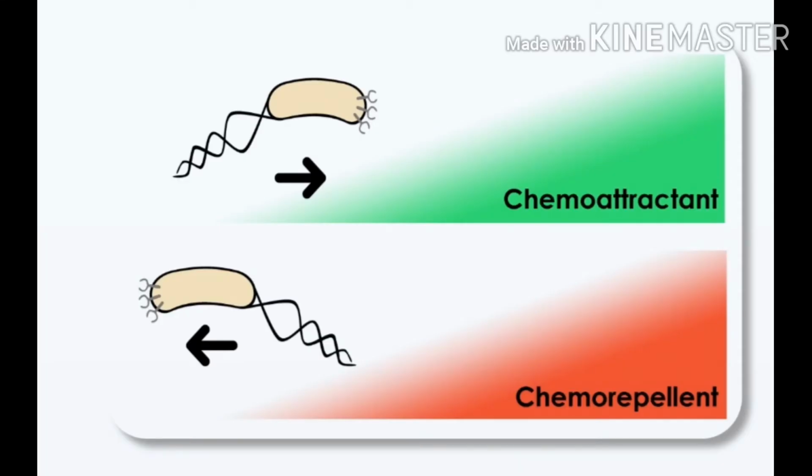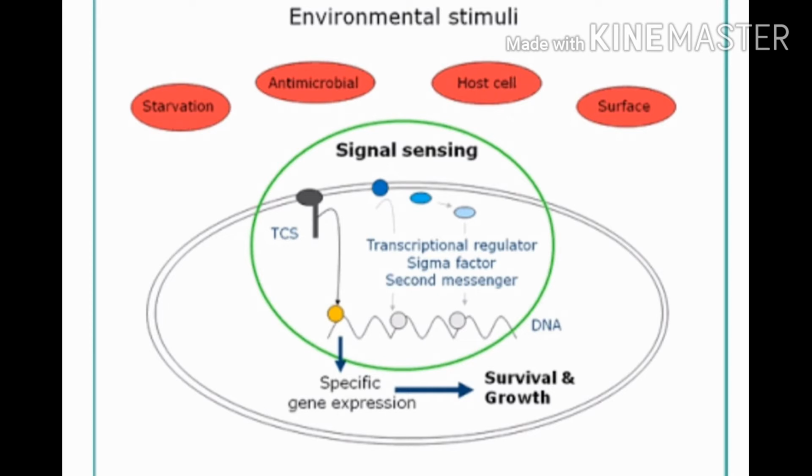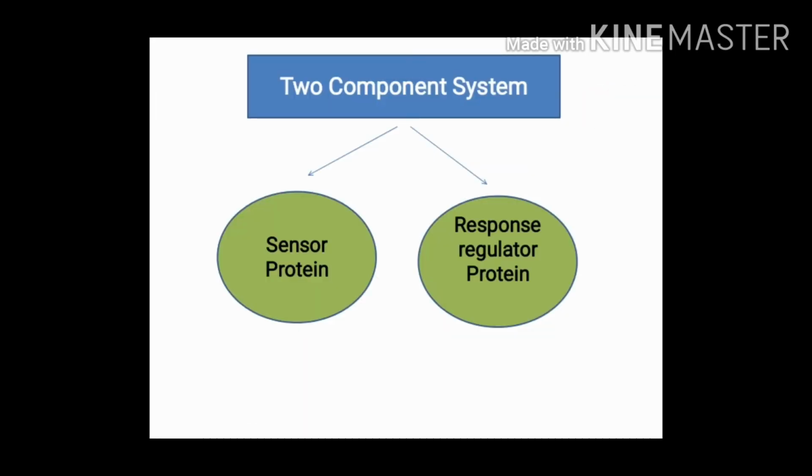In this figure, you can see the movement of bacteria towards the chemoattractant and reverse movement whenever there is presence of a chemorepellent, which is unfavorable conditions for its growth. So, in this way, the bacteria responds to various environmental stimuli. It senses them and responds using two-component regulatory system.